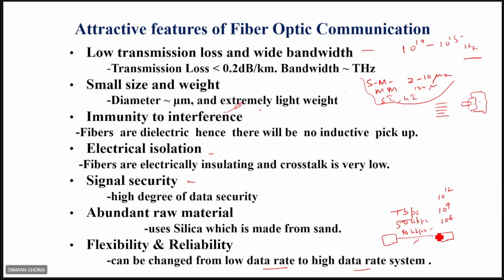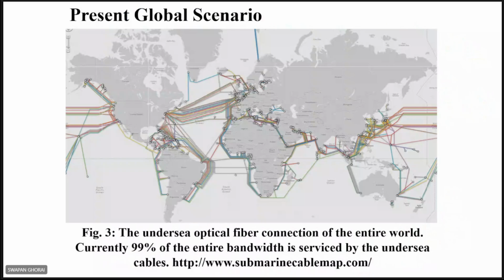So for any optical system, once it is established, it needs very little servicing, as in a microscope, telescope, etc. Whereas any pure electronics component needs servicing every 6 months. You have to change the chip or other things. So high reliability is here, along with a great deal of flexibility.